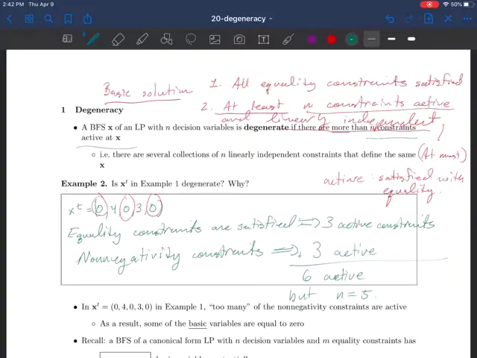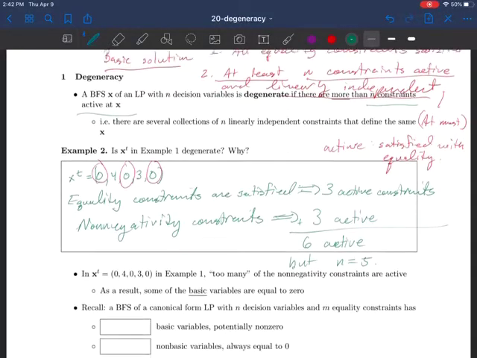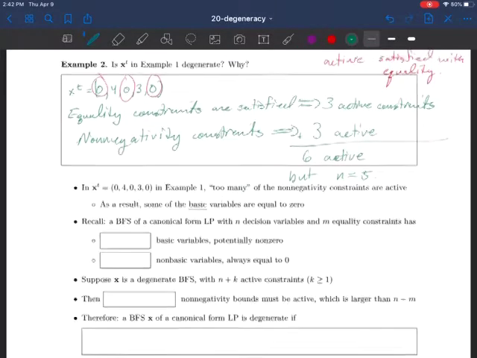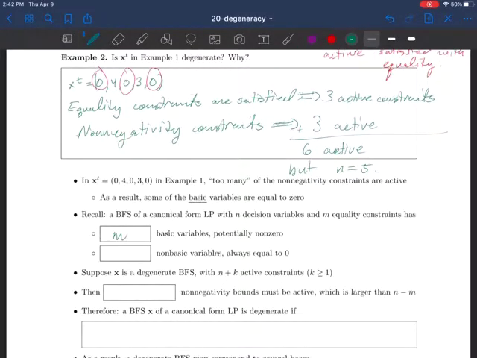In particular, for canonical form, we're going to have too many basic variables. All the equality constraints are always going to be active. So our source of degeneracy in canonical form is always going to come from the non-negativity. We're going to have too many zeros. So a basic feasible solution has m basic variables, potentially non-zero. That's the key point here.